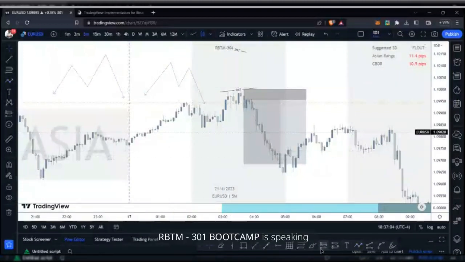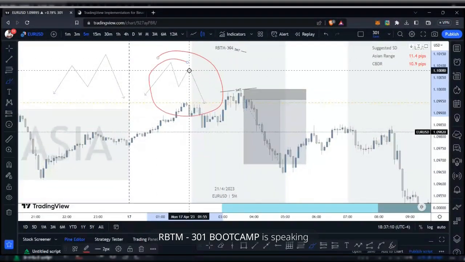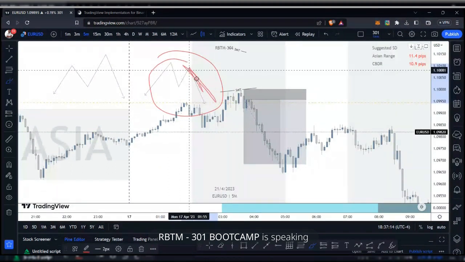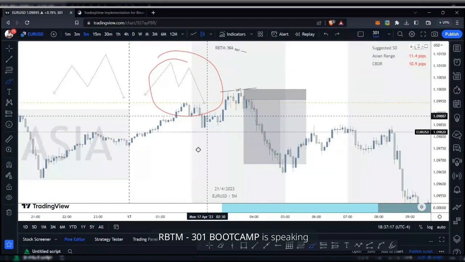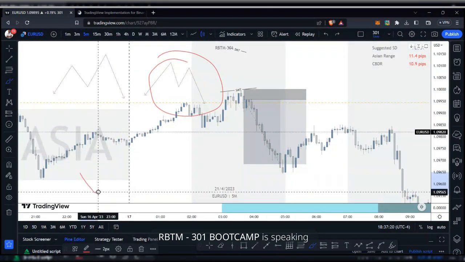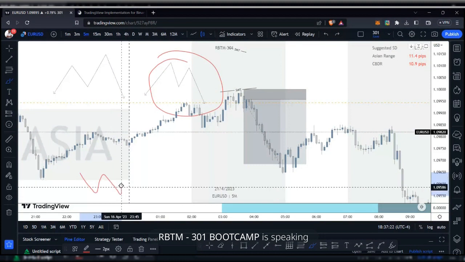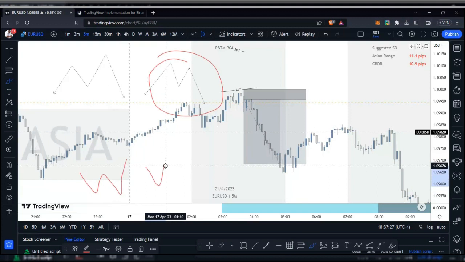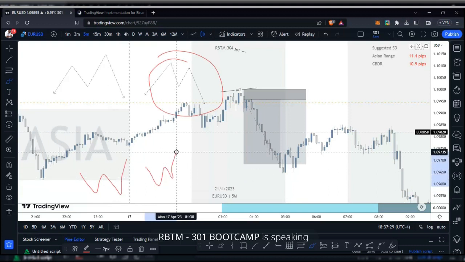Now, it is stated that this one that did not create the high should be the one you take the trade on. And then when you look at the bullish part, let's say high, low, break, and then high, low, this didn't make the high. And then this should be the one you trade.